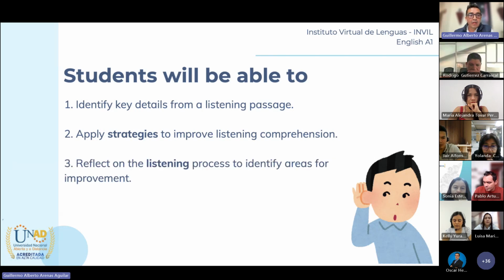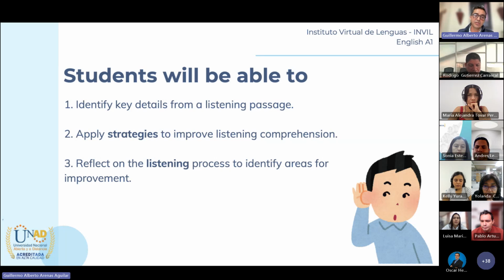Okay. And as in every process that we have when we're teaching, we need to have a reflection point. They're going to be reflecting on their listening process, so they can be aware of the things that they are doing when they are doing them. So they use something called metacognitive strategies.